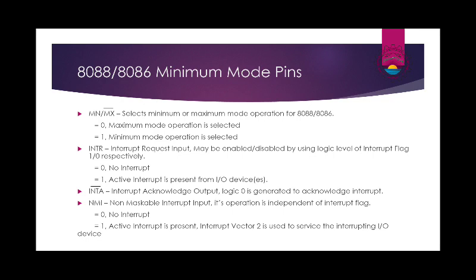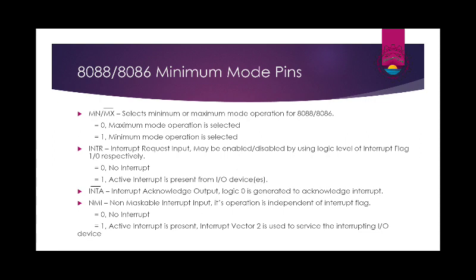In this slide, we are going to discuss min slash max bar pin, that is an input pin for microprocessors 8088 and 8086. This pin is used to select minimum mode operation or maximum mode operation for your system.